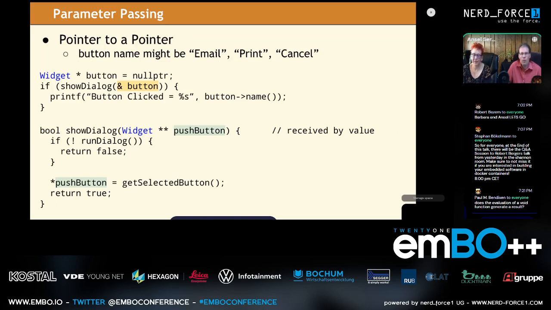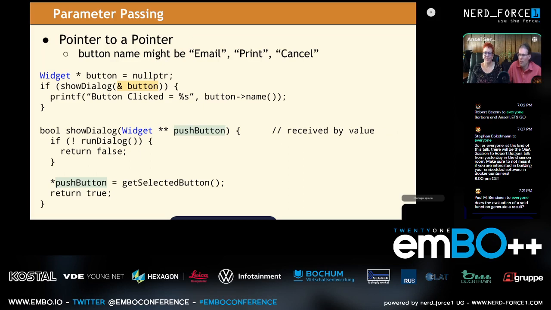We are then going to assign the widget pointer to that location. So in this case, dereferencing pushButton is going to give us an L value of type widget star, because what we have is a pointer to a pointer. When we dereference it, we get a pointer. That thing it's pointing to must be an L value because it has an address.